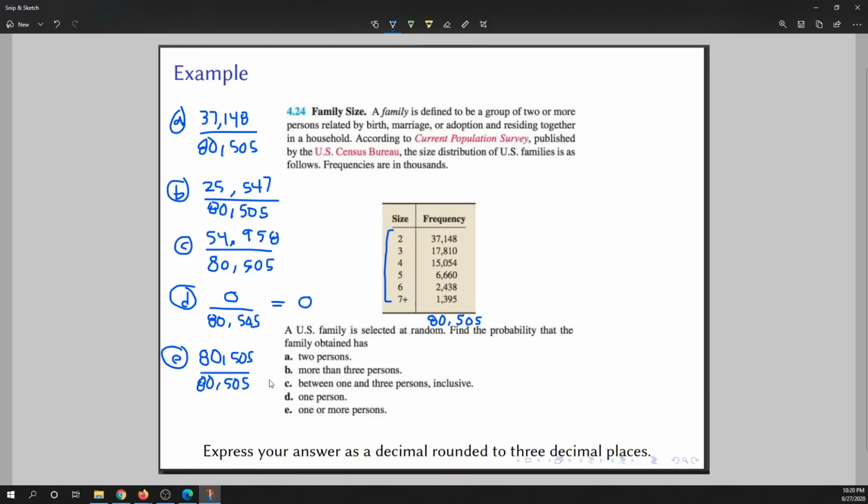Here we're dividing the same number on top and bottom. It comes out to be 1, and so that means that event is guaranteed. It's certain to happen. If I pick a family at random from here, it will contain 1 or more persons, guaranteed, because they all do. So there we get a probability of 1. All right, and that is it on this one.